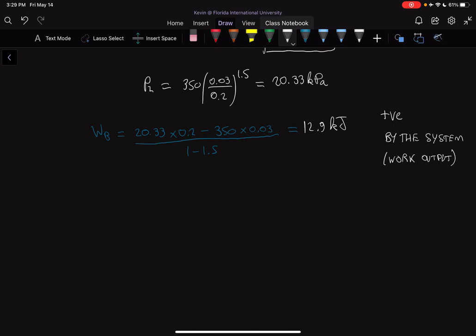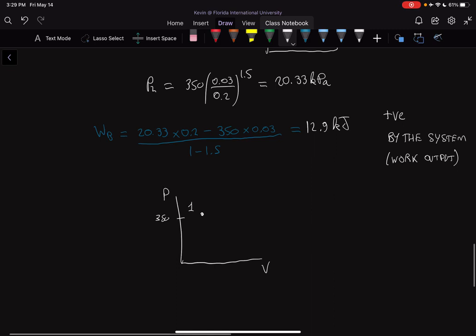So if we were to draw the process on a PV diagram, this is extra to the problem, but just to draw it, if we had our PV diagram, we would have point 1 somewhere here, which would be at 350 pressure, and our volume 1 would be equal to 0.03. And then our second point would be 20.33, and our volume would be 0.2.